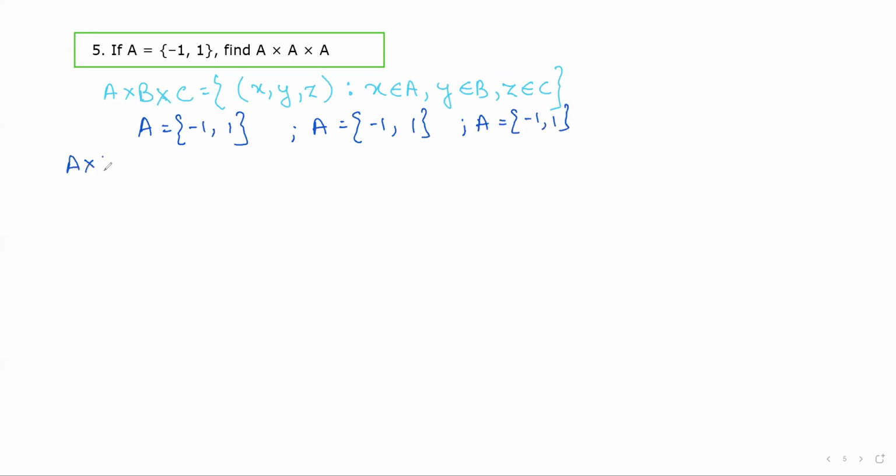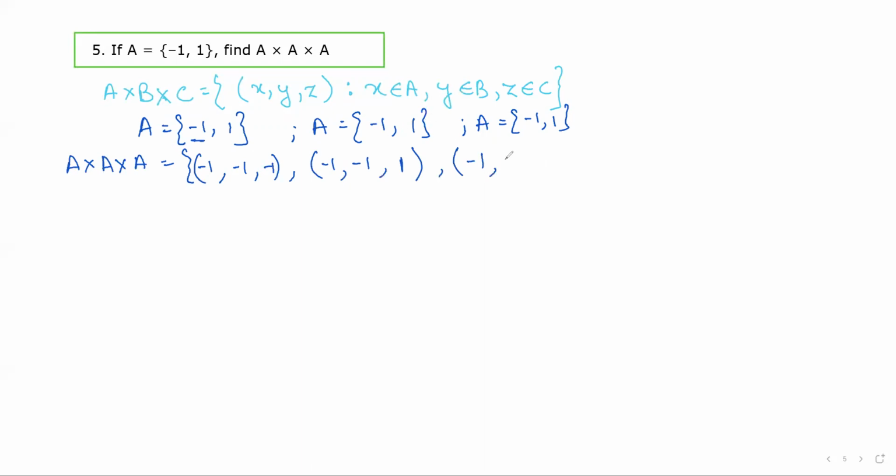So A cross A cross A is the set of ordered triplets x, y, z. First element -1, first element -1, first element -1. Second, let's consider these 2 as the same, static, and you change the third element. Next, take first -1.